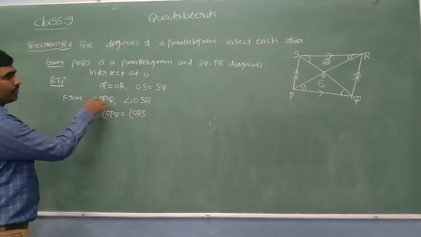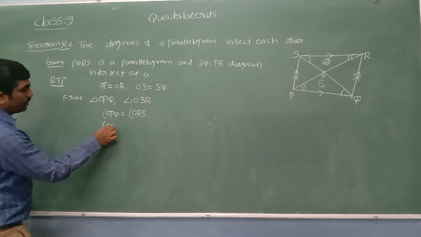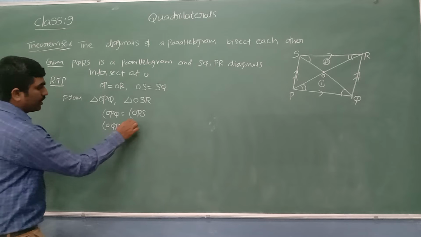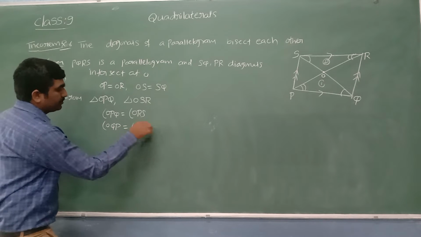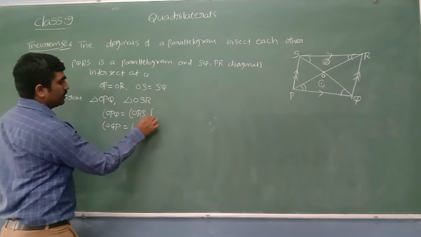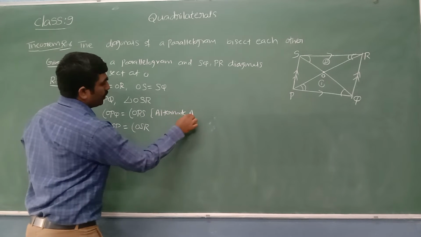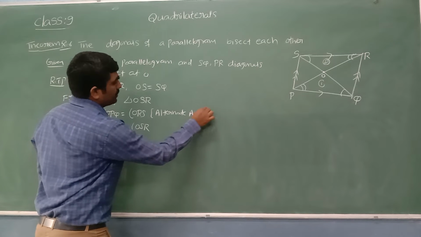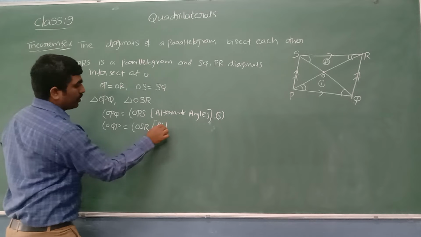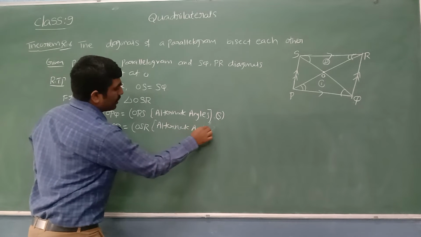What next? From triangle OPQ, angle OQP is equal to the second triangle angle OSR. Both are equal. The reason is alternate interior angles.